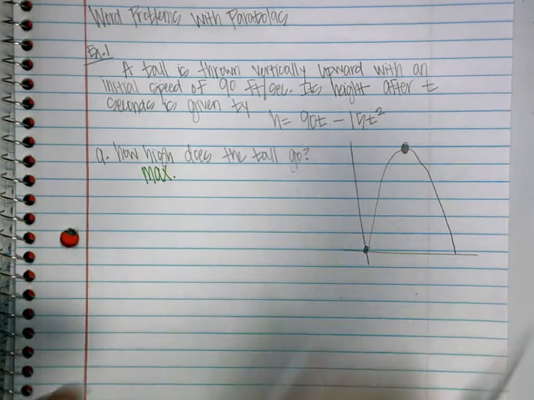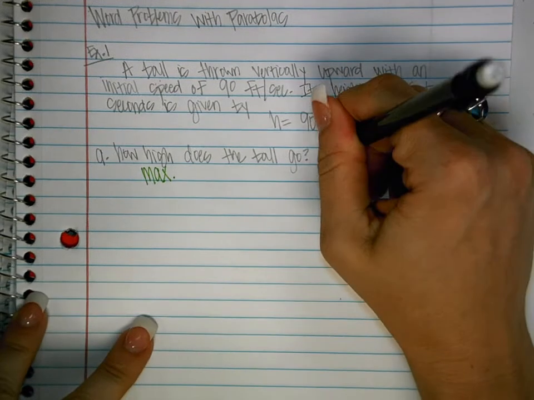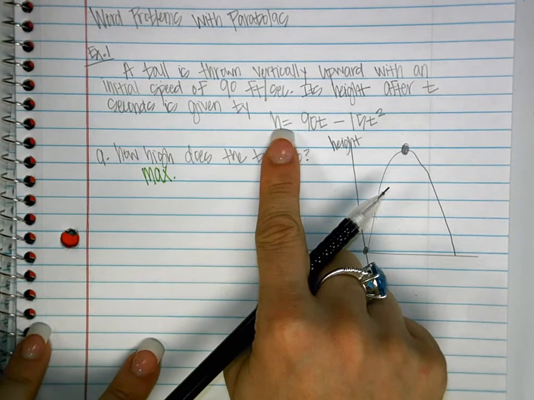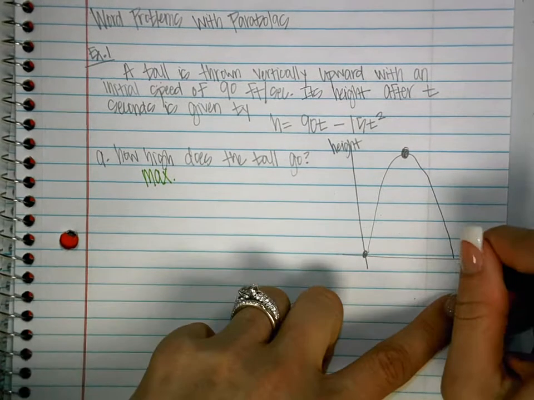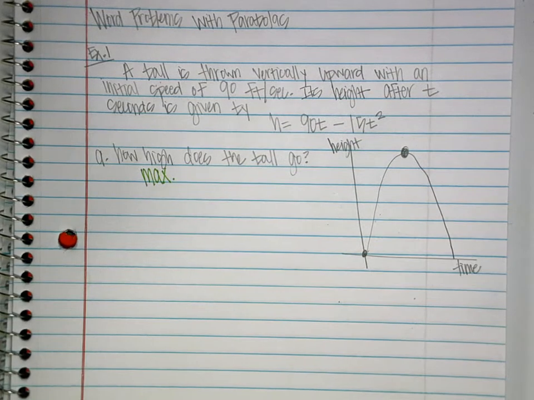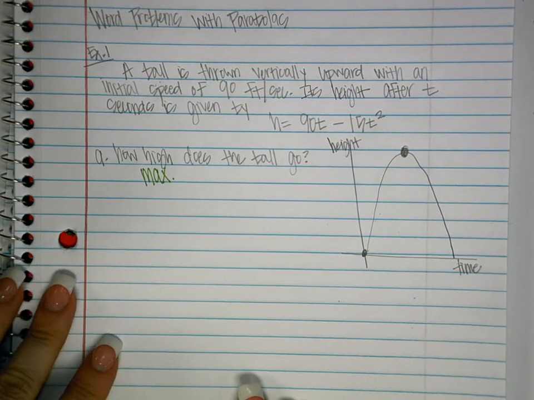If you label this correctly, the y-axis is height, because h is in the y spot, and the x-axis is time, because t is in the x spot. To find how high the ball goes, I'm essentially going to find the maximum.